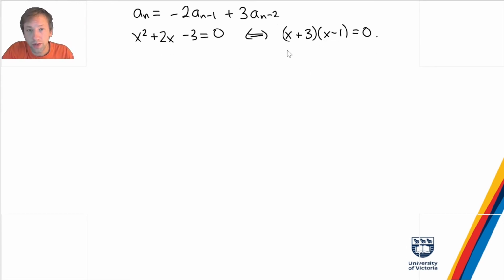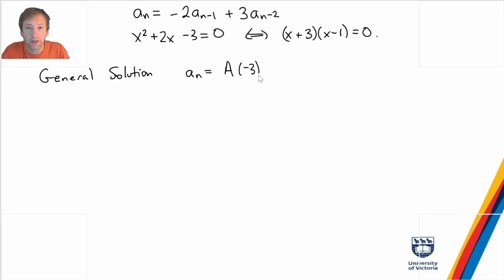So the roots are negative 3 and positive 1. So the general solution, it is this easy. You just write it down: a_n equals some capital A times negative 3 to the n plus some capital B times 1 to the n. Of course, 1 to the n is just 1, so it's just A times negative 3 to the n plus B.